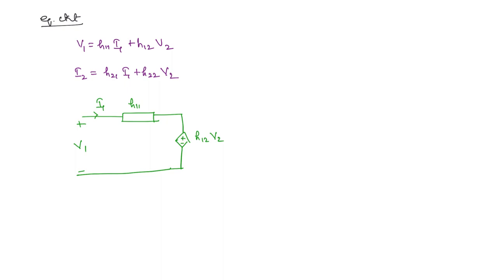Then on the output side you will have the parallel circuit. Here H21 I1 will be the dependent current source, and since H22 V2 is the admittance parameter, you will have the admittance. This will be the current source, and this will be the admittance, H22. Remember, here we are writing admittance, whereas this is impedance.